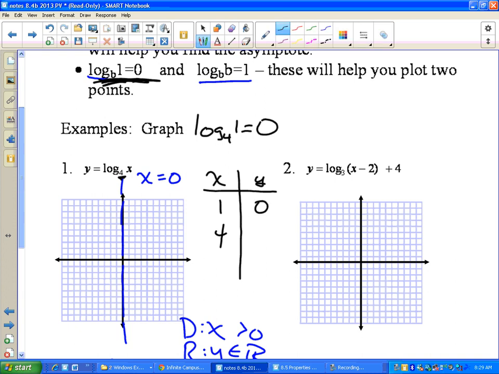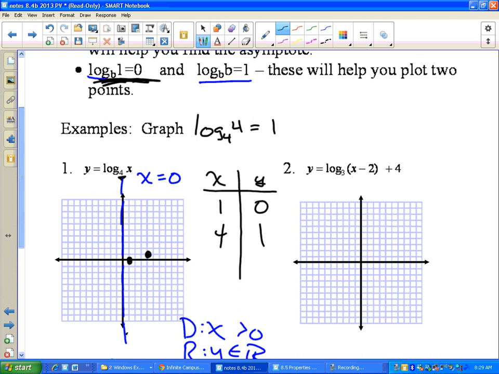Log base anything of 1 is always 0. That's nice. My second point is log base 4 of 4. What is this? 1. So I know that I have the points 1, 0 and 4, 1.